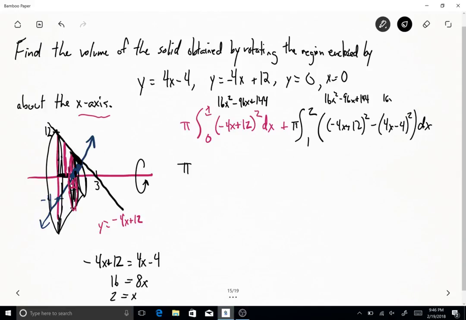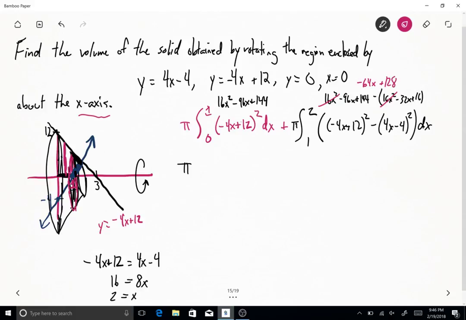But then we'll have 16x squared minus, so that's 16 times 2 is 32, so minus 32x, and then plus 16. Okay, so that means that we can go back and cross out the 16x squareds. Negative 96 plus 32 would make negative 64x. 144 minus 16 would be 128, so plus 128.